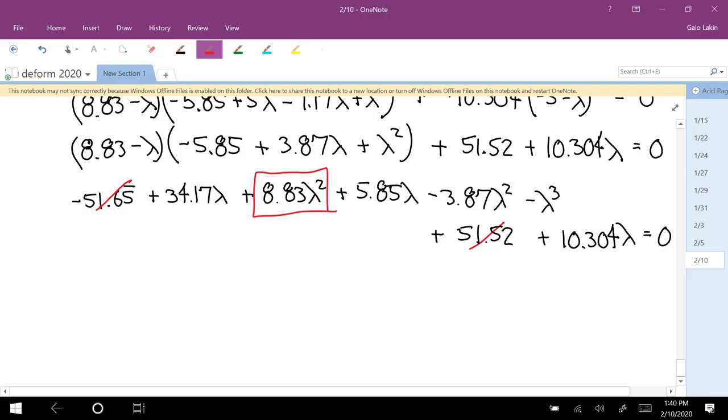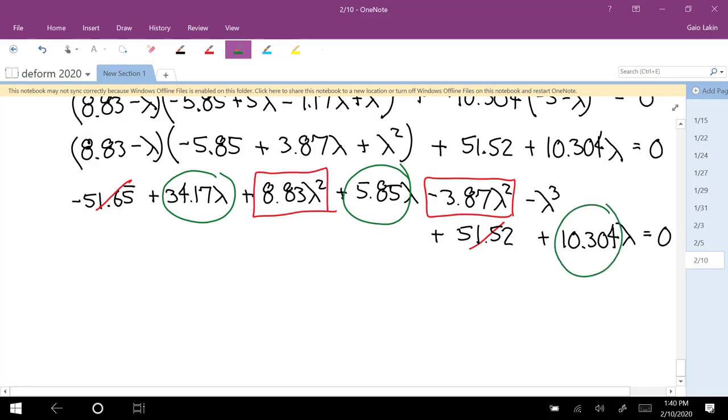Our squares are here. Our linear terms are here. And so we get negative lambda cubed. What's 8.83 minus 3.87? So plus 4.96 lambda squared.